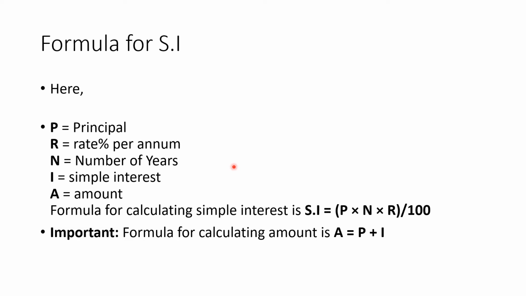This is the formula for calculating the simple interest. SI equals PNR by 100. Please try to remember or memorize this formula.